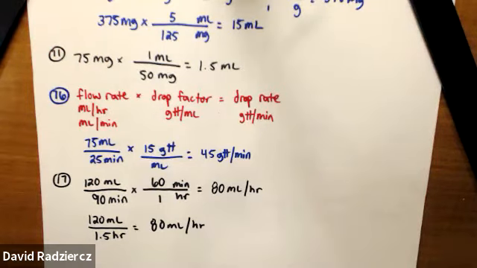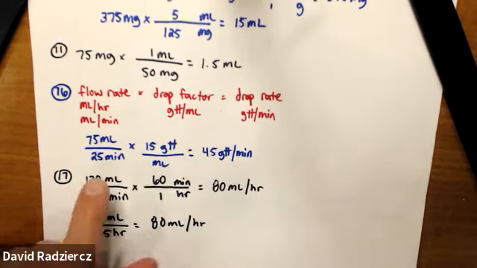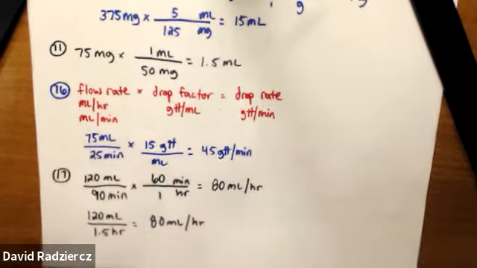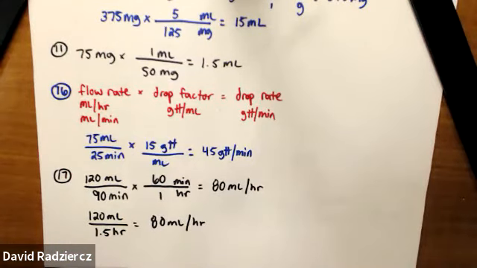Okay, good. Yes, so you are. These questions are commonly missed just because you're looking for more to do. You're like, well, where's the drop factor? You only need the drop factor if it's asking you for the drop rate. It didn't ask you for the drop rate. It asked you for the flow rate in milliliters per hour. So you're looking for information that's not there.